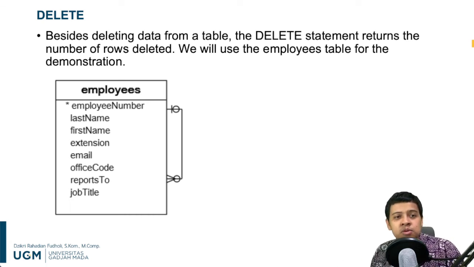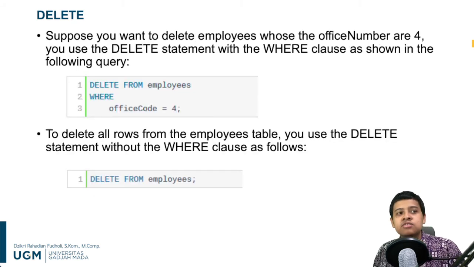Now we will use the employees table for the demonstration. Suppose you want to delete employees whose office number is 4, then you use the delete statement with the where clause as shown in the following query. So delete from table employees where the office code is 4.